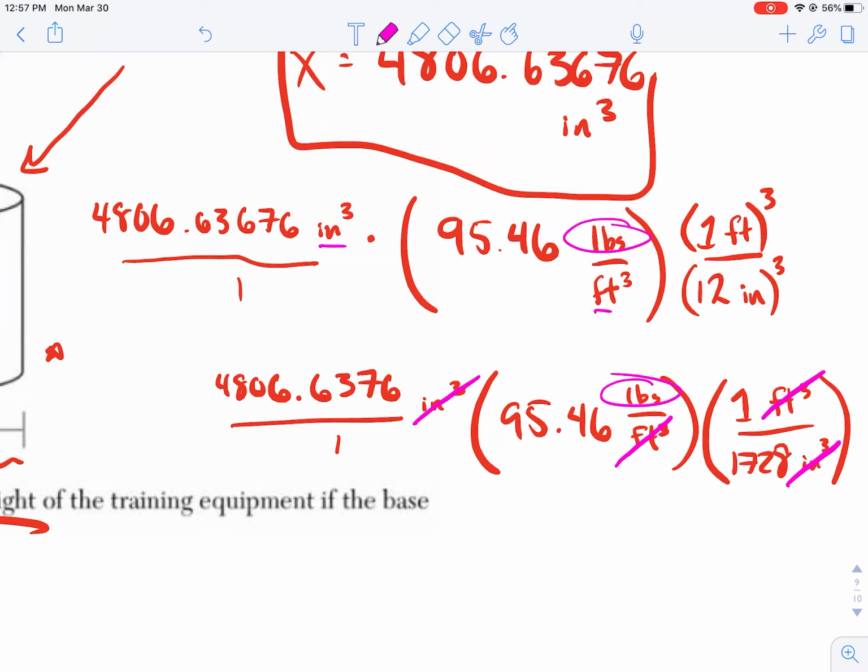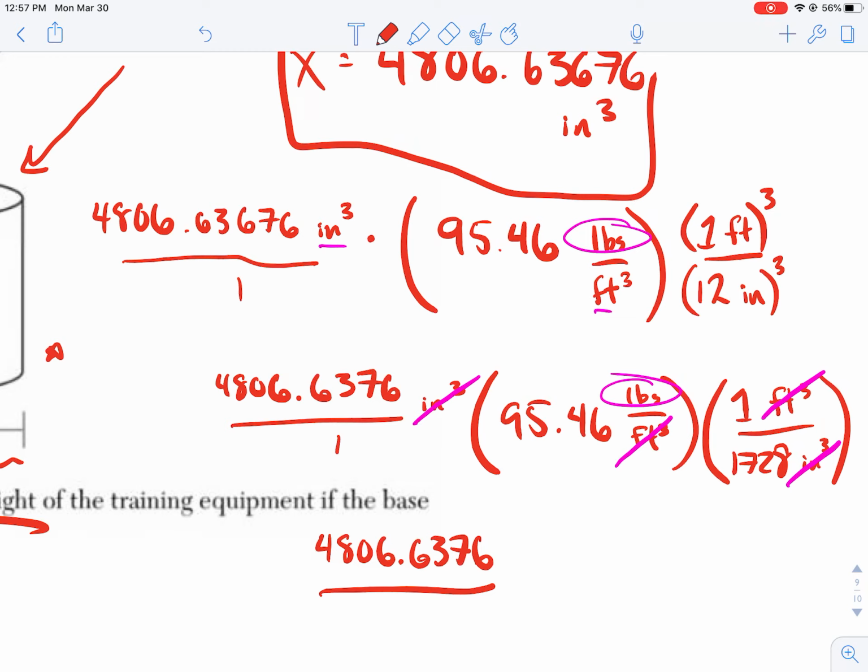Now if you look at our units, what's canceling? Well, inches will cancel. Feet will cancel. And I'll be left with pounds, which is exactly what we need because we're trying to find the weight of this thing. So we're going to multiply all that out.